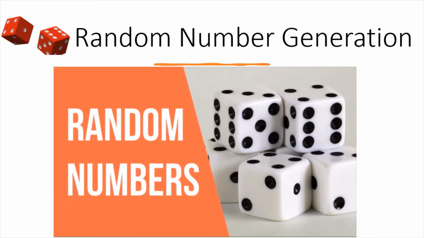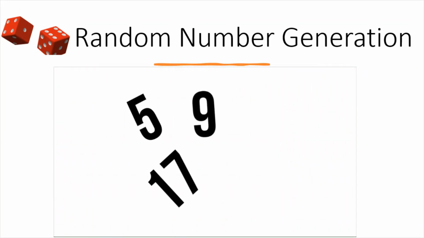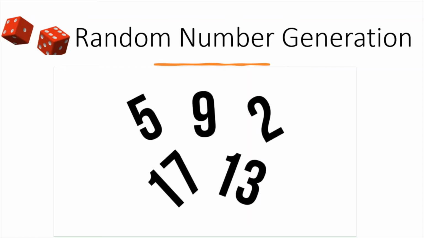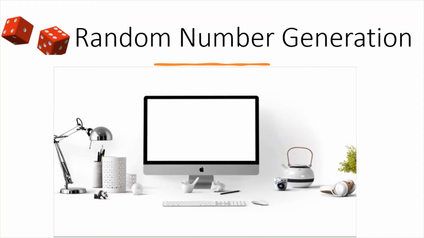Hello and welcome to Curious Thought. Today we're going to be talking about random numbers, specifically how they are generated. 5, 9, 17, 2, 13. Humans are really good at generating random numbers. We can list off endless amounts of them with no apparent pattern. We're unpredictable. Computers, however, are a completely different story.